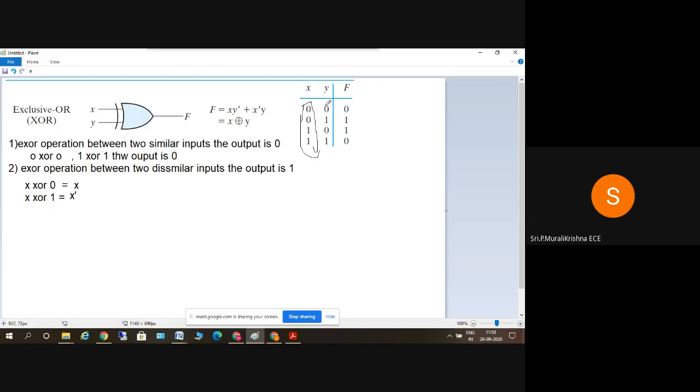If I perform x XOR of 0, I got a 0 here, and here I got a 1. Both are equal to x. So when I perform x XOR of 0, the output is equal to x. Now when I perform x XOR of 1, check these two cases here.